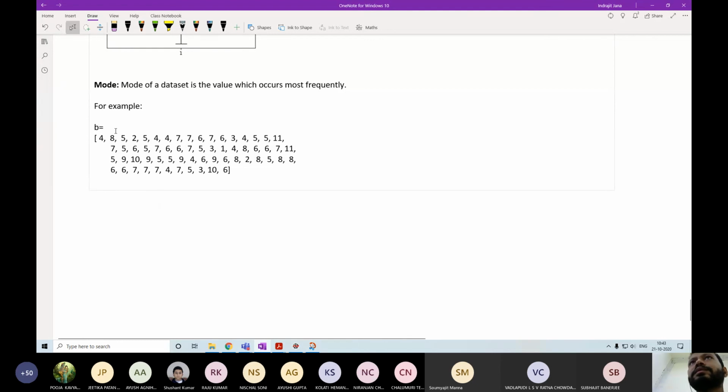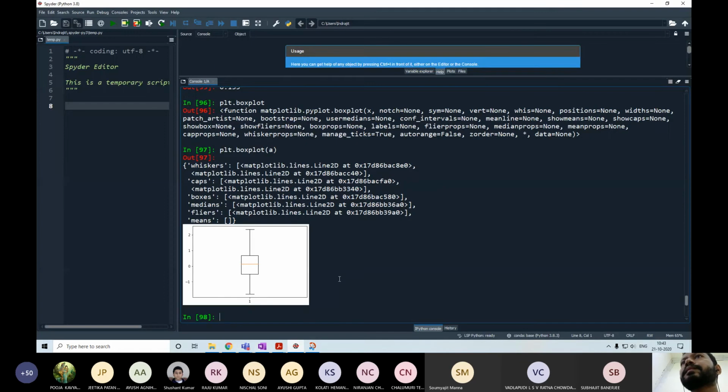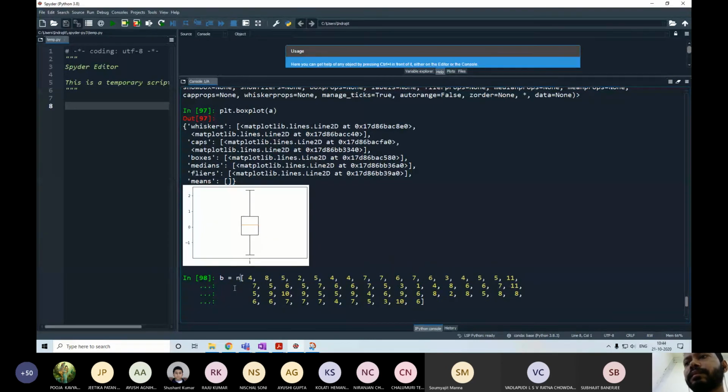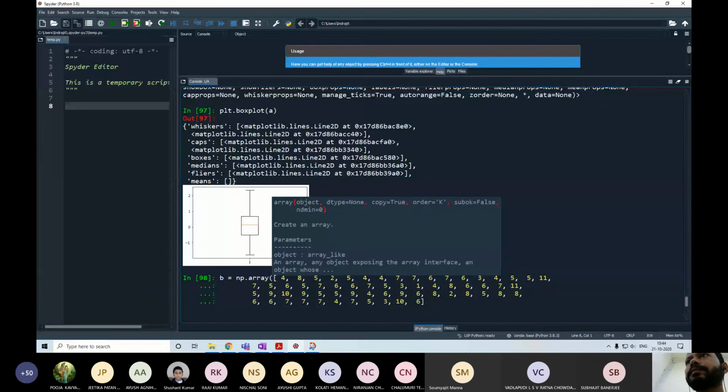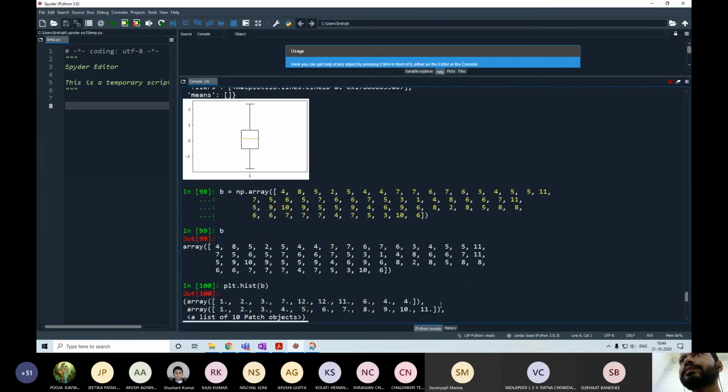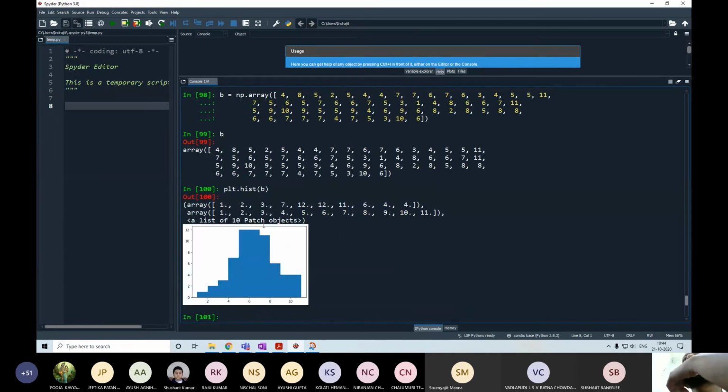Let's call it B because I already have A. Now, if you do a histogram, actually, you can figure this out. So, which value occurs most frequently?